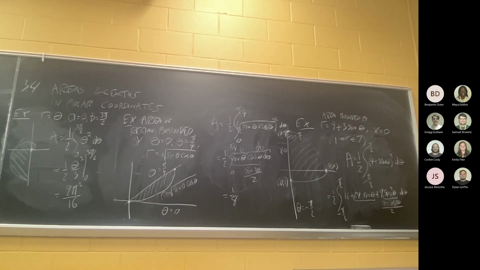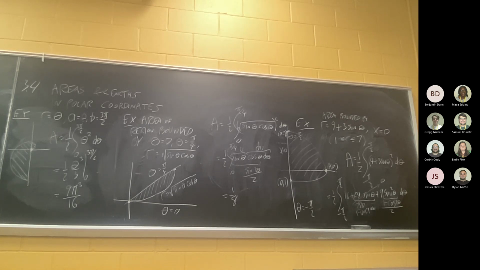Both endpoints give you 0, that is what happens, but a more concise reason is that it's an odd function, and we're on a symmetric interval. So from minus pi over 2 to pi over 2, the integral of an odd function over such an interval, like minus a to a, is 0. So the integral of that term is gonna be zero, so you can just ignore that. Whereas the other terms, the 16 and the sine squared theta, those are even functions.